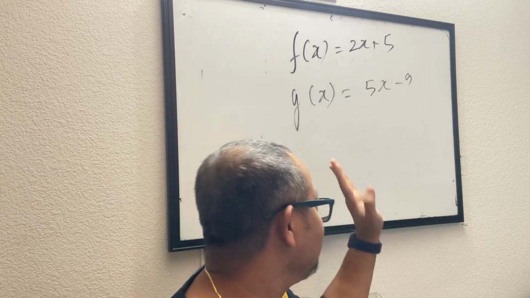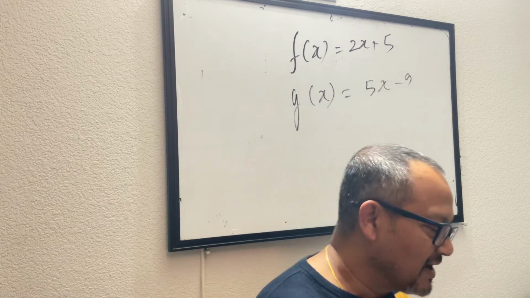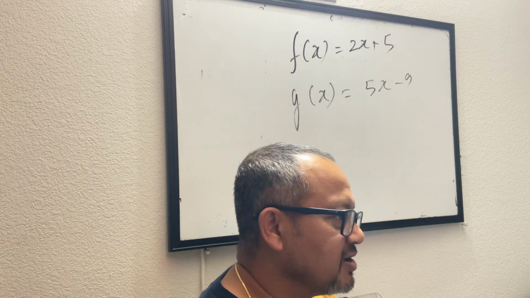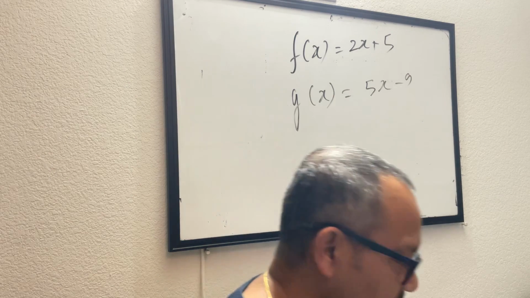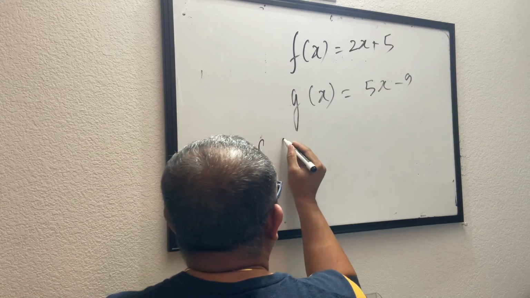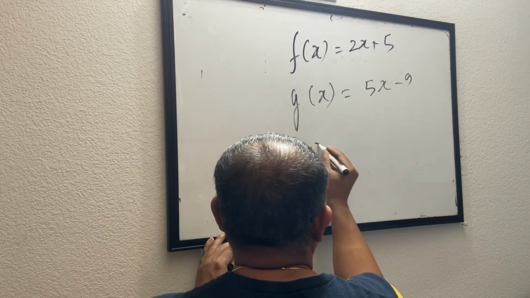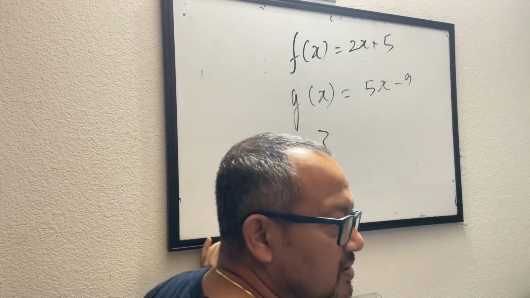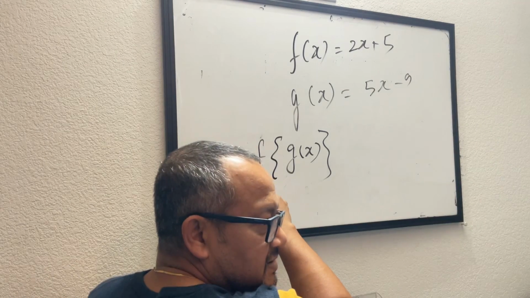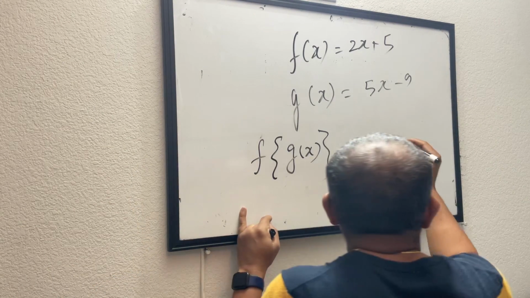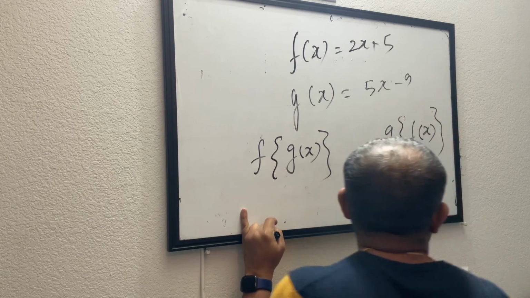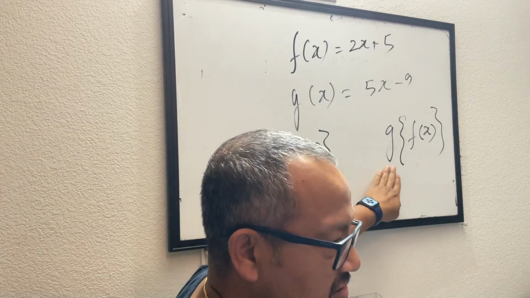So if I have these two functions, and I say these two are inverse functions, what do we mean? That means when you put one as x for the other one, then they equal x. f of g of x is a composite function, where we are composing the function f with the function g, and g of f of x is composing function g with function f.